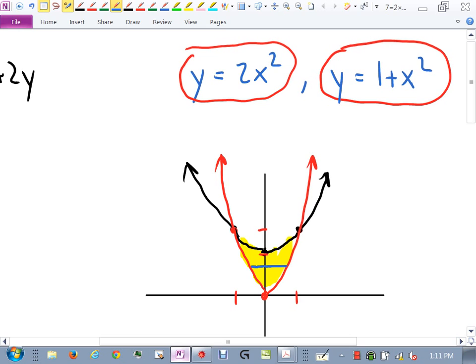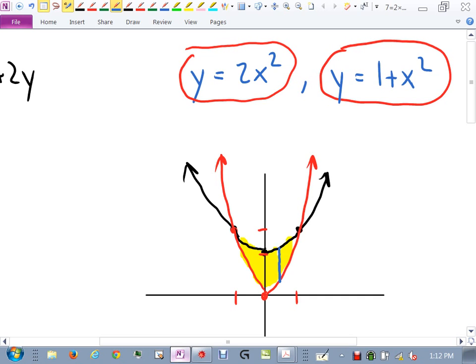But here, isn't this curve the same curve as this curve? So if I looked at it this way, my x's would not be restricted between two different functions. It would be restricted between the same curve. So I wouldn't have a top and bottom function. They're the same curve. Does that make sense? So it would make more sense for us to look at it with a vertical limit being two functions. Is that clear for everyone?